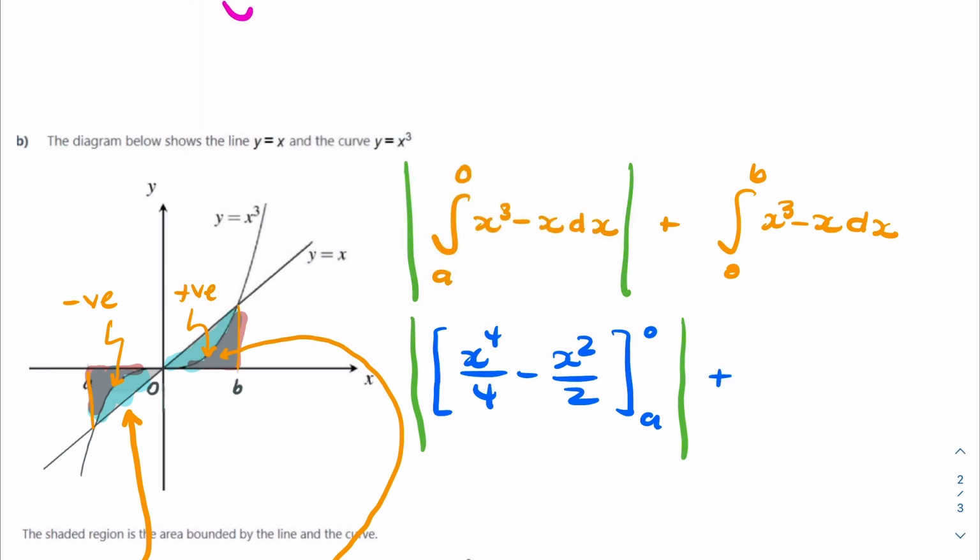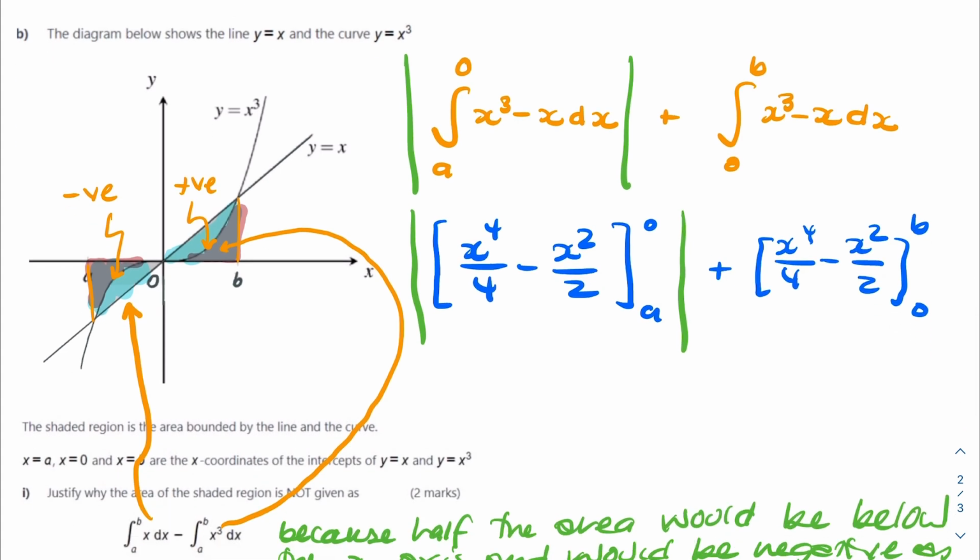And then the same again from 0 to b. Now, a and b are not given. You need to find a and b. It's pretty clear that b is going to be 1 and a is going to be 1. So that's going to be 1 and 1, because that's where the two lines intersect. They intersect when x is equal to x cubed, and that's only going to be when x equals 1.